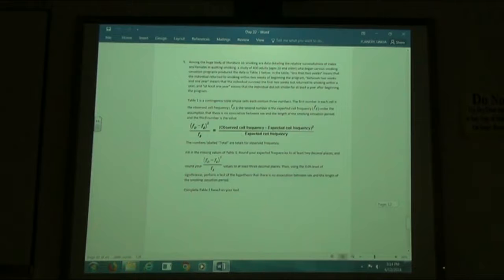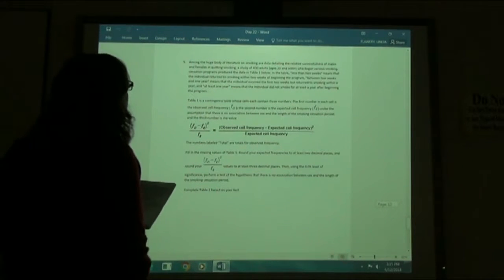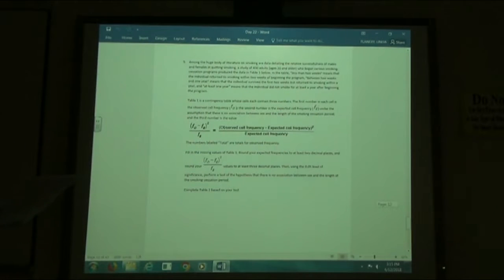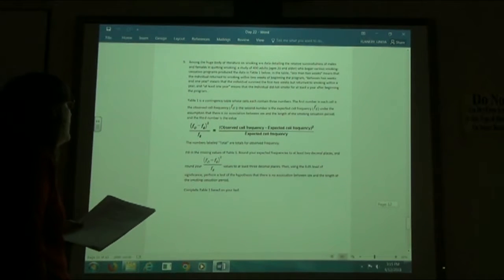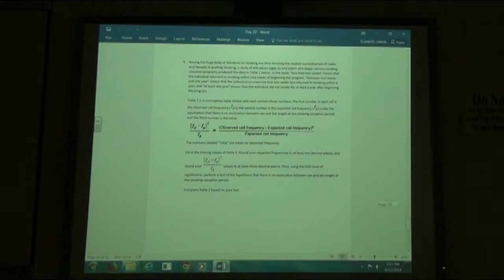In the table, less than 2 weeks means that the individual returned to smoking within 2 weeks of beginning the program. Between 2 weeks and 1 year means the individual survived the first 2 weeks but returned to smoking within a year. And at least 1 year means the individual did not smoke for at least a year after beginning the program. Table 1 is a contingency table whose cells contain 3 numbers.